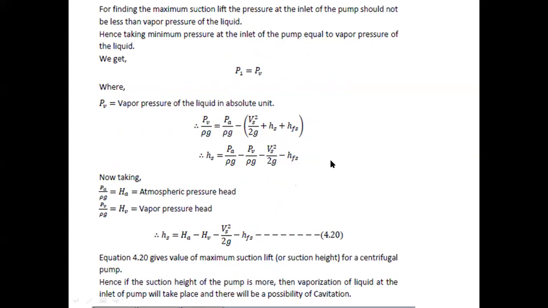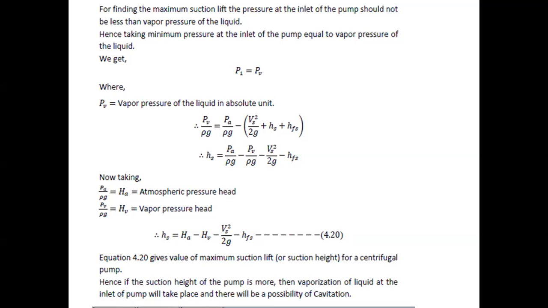For finding the maximum suction lift, the pressure at the inlet of the pump should not be less than the vapor pressure of the liquid. We take the minimum pressure at the inlet of the pump equal to the vapor pressure of the liquid, so we get P1 equals PV, where the vapor pressure of the liquid is in absolute units.